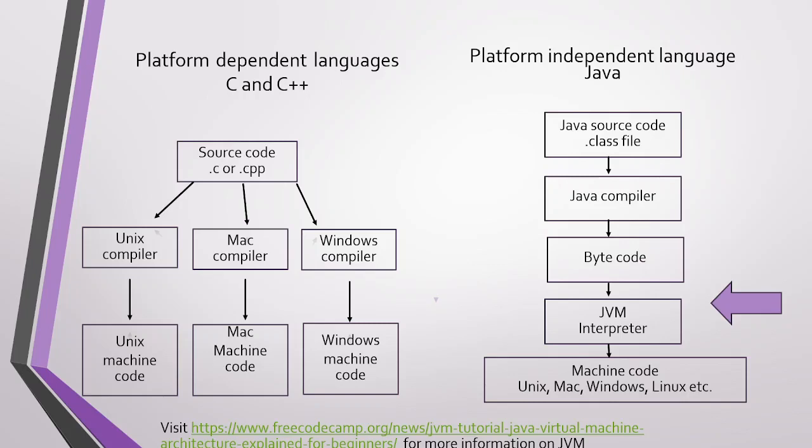So the same program, the same class file or bytecode file is taken by the JVM interpreter and can execute on Unix, Mac, Windows, Linux, any machine. That is known as platform independence. That's why we have cross-platform apps like WhatsApp and all others.